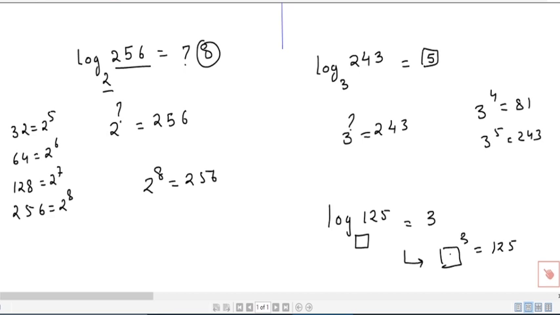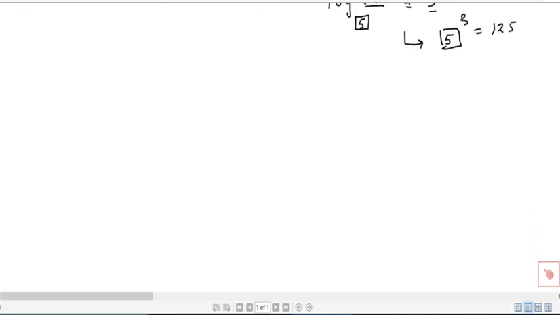Easily you can see it is 5, because 5 to the power 3 is 125, so you can write 5 here. Log base 5 of 125 is equal to 3. So 3 is the power. So always remember, log gives answer in power and base is the number on which you write the power.